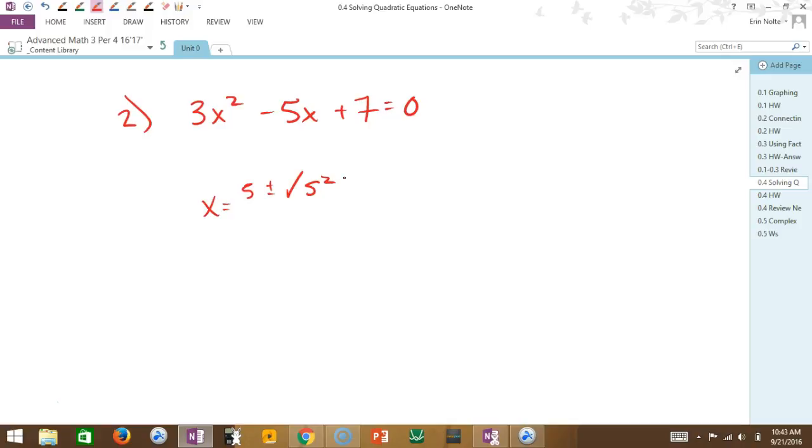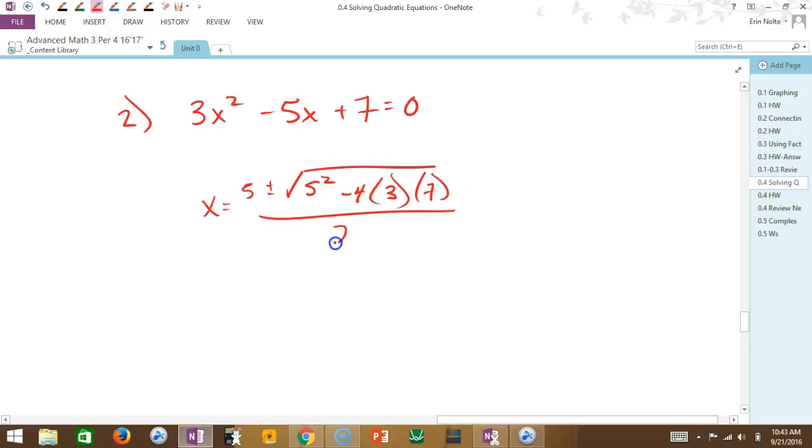Please don't be that person. Remember, anytime you square a number, it's positive. So we'll just kill the negative altogether. So 5 squared minus 4 times the a, which is 3, times the c, which is 7, all over 2 times the a. Everybody get the plug part?